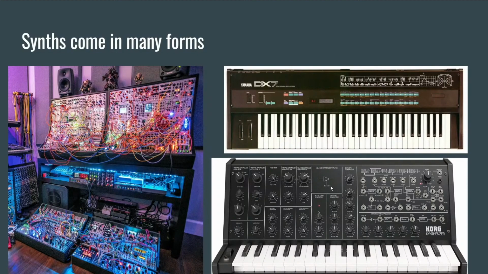So down here would be the Korg MS-20. Very cool analog synth, semi-modular actually. Everything is structured in a certain way. It goes from oscillator to filter to amplifier, but you can break the signal path and add in your own.